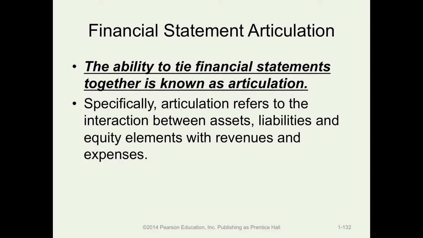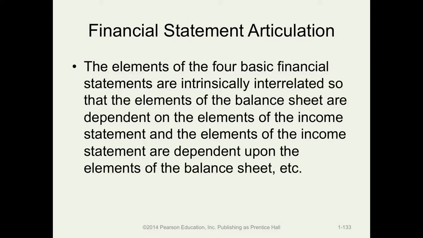The articulation means there is interaction between assets, liabilities, and the equity elements, and revenues and expenses. And the 4 basic financial statements, as we will summarize now, are intrinsically interrelated so that the elements of the balance sheet are dependent on elements of the income statement.